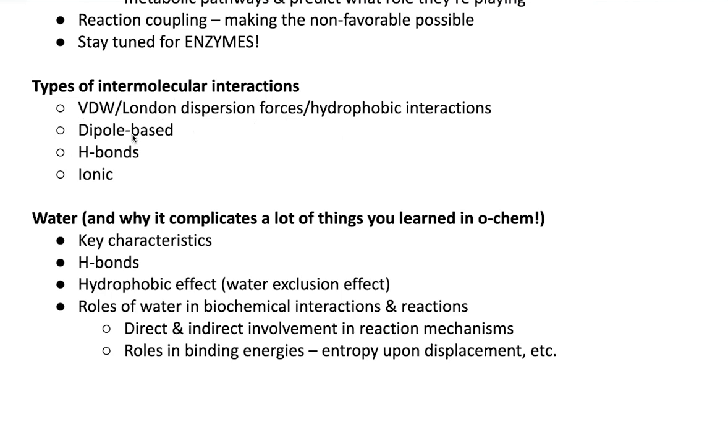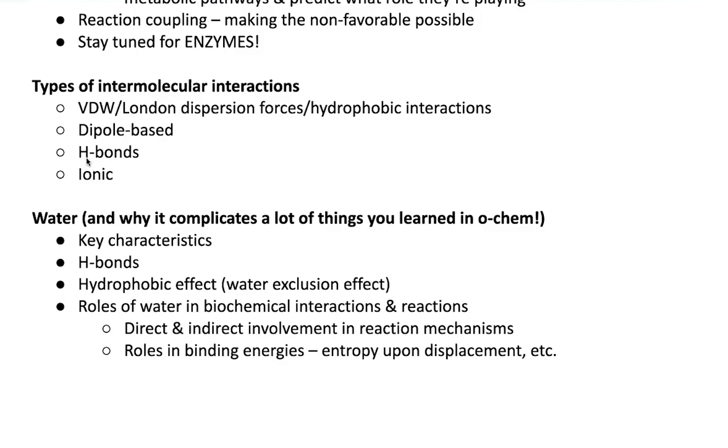Also there are permanent dipole-based interactions, things like hydrogen bonds, which are a special case of those, as well as ionic bonds, which are basically full charge attractions. These come up again and again. At their heart, they're all kind of the same, where you have a partial charge attraction, either something spontaneous and not very strong, or something more permanent.